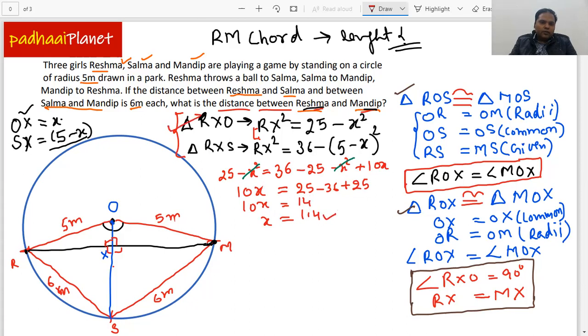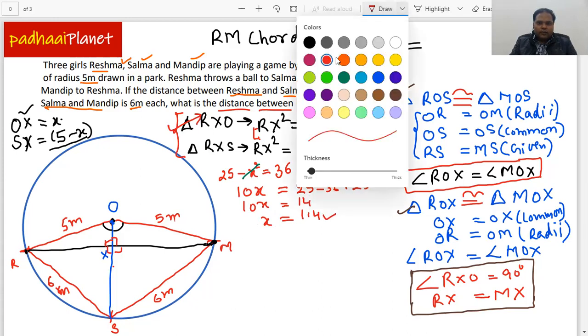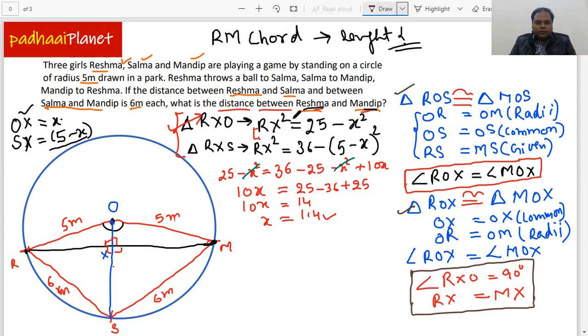So when we get x equal to 1.4, let's put this value in this particular equation. When we do that, we get RX square is equal to 25 minus x square. That means 1.4 square, right?